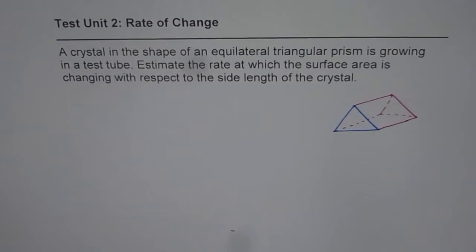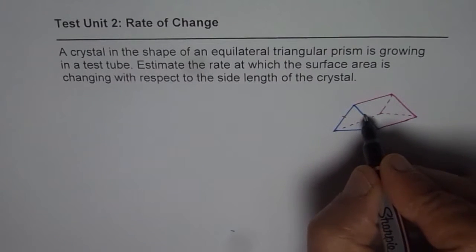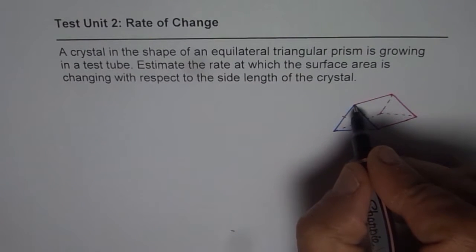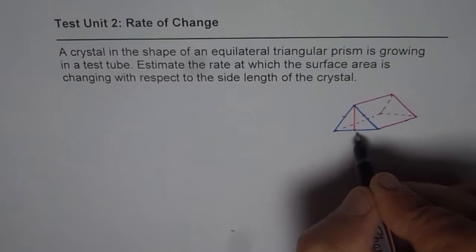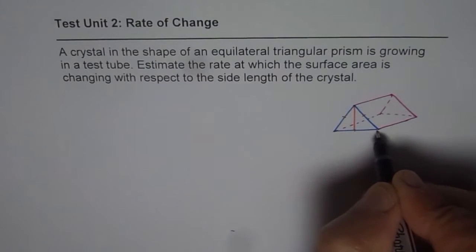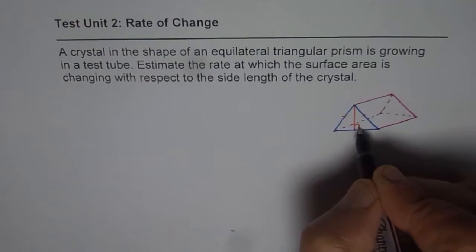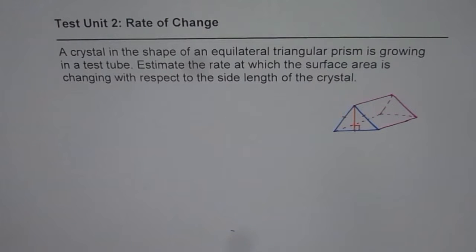Now we need to find the surface area of this triangular prism, which is fortunately an equilateral triangular prism. Now equilateral means that all sides are equal, and if I draw a perpendicular, it is going to bisect this segment. It is right angles, and from this we can actually find all the sides.